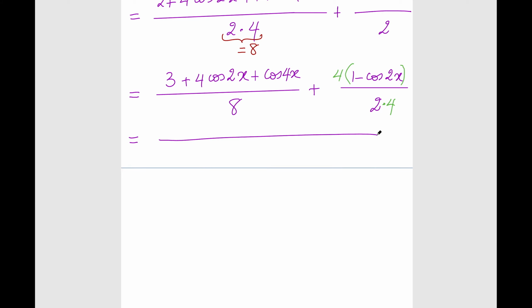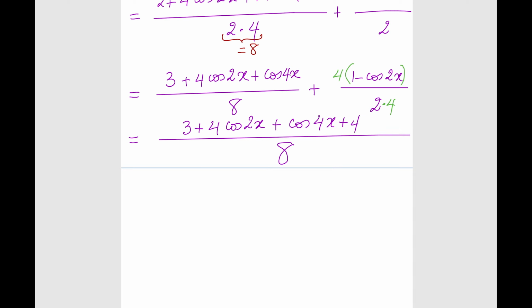So since now we're going to have the same denominator, how about gluing them together? We get 3 plus 4 cosine of 2x plus cosine of 4x plus what? 4 times 1 is 4, and minus 4 times the cosine of 2x.